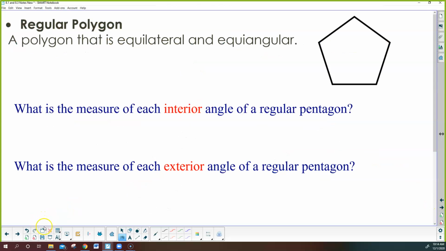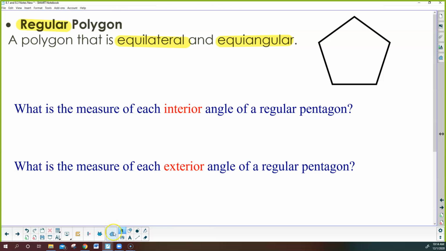Okay, so I'm going to give you guys a second to write this down. This is our definition of a regular polygon, and that's key, is this word regular. When you're reading math, every word is extremely important. When you see the word regular, what that means is the polygon is equilateral and equiangular.